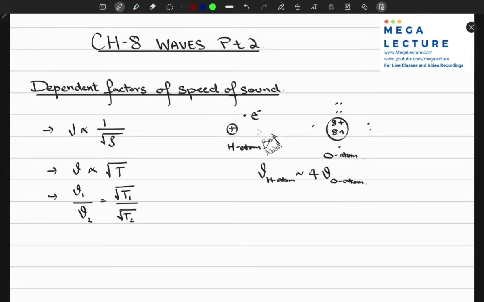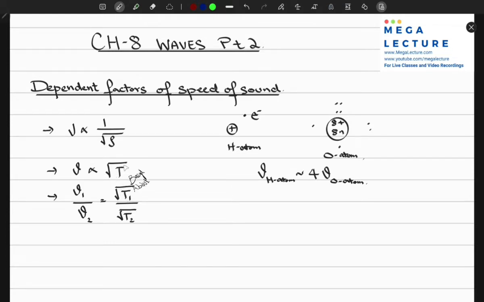And that is simply because the hydrogen atom is much less dense compared to the oxygen atom, where it has 8 protons and 8 neutrons in the nucleus itself, while the hydrogen atom just has a single proton in its nucleus and just 1 electron. You can think of the second expression, which is that the velocity of sound is proportional to the square root of the temperature, right?